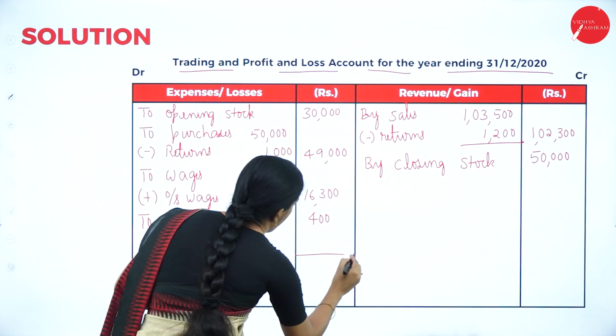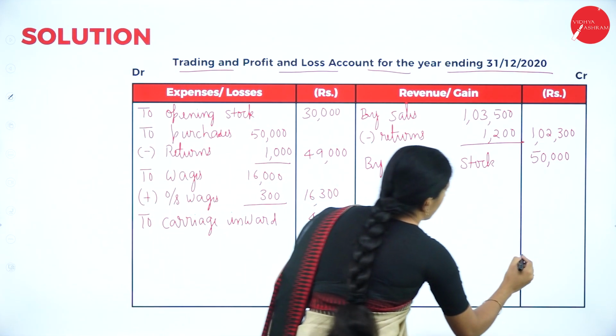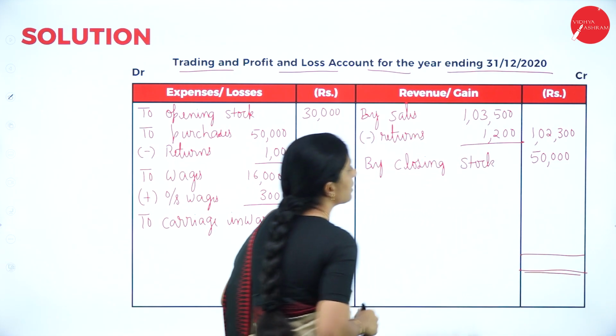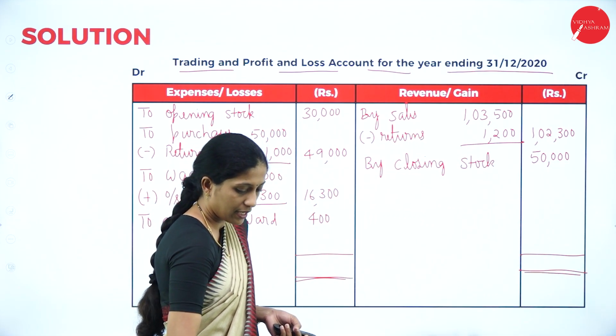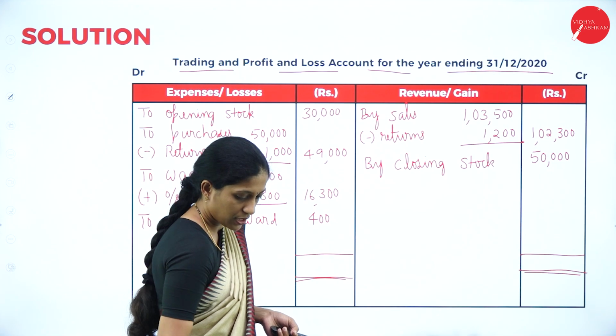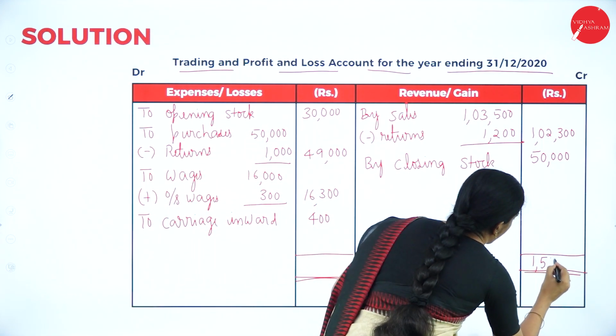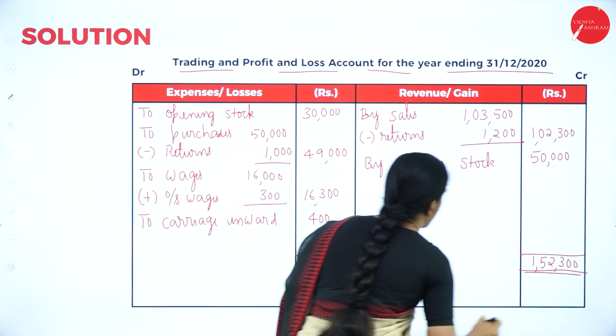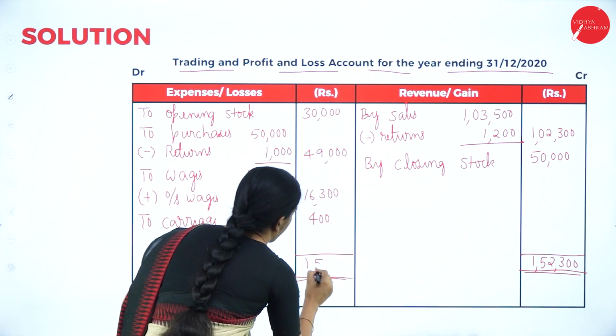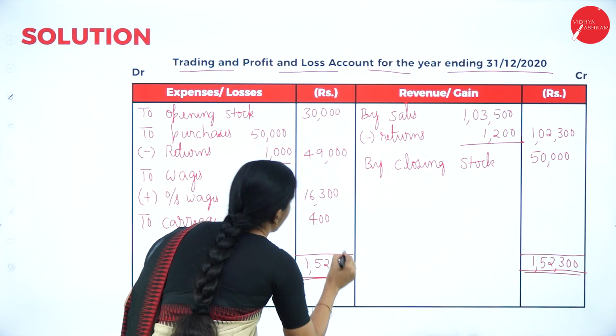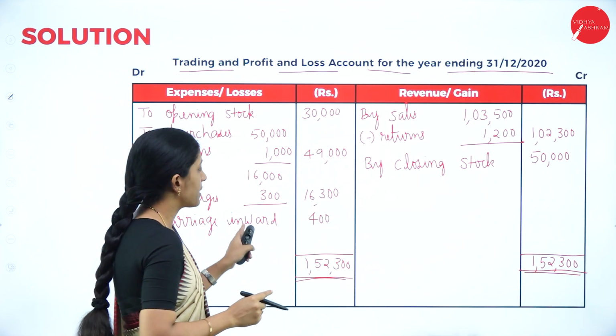Now we are done with trading account. Balance both the sides. Balancing figure will be what? Either gross profit or gross loss. Now 1,02,300 plus 50,000. So this will be 1,52,300 both the sides. By seeing the debit side itself, you will come to know debit side is less.